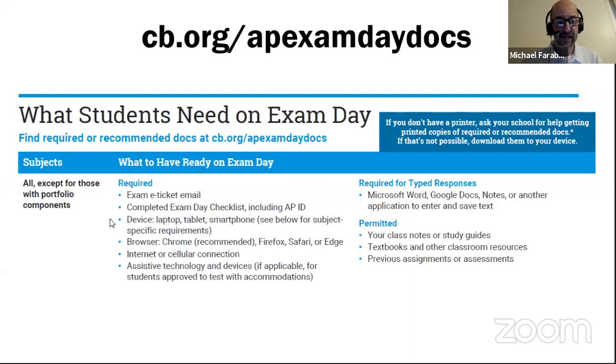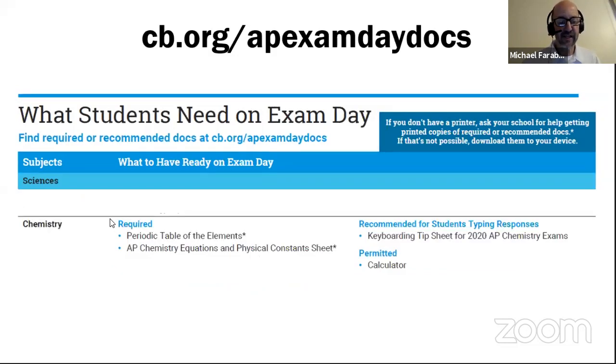So on exam day, there are a variety of things that you need besides your e-ticket. You'll need obviously your device and a particular browser. It says to recommend Chrome, Firefox, Safari, or Edge. Obviously a reliable internet connection or a cellular connection. And in terms of the specifics for AP Chemistry, you'll need the periodic table of the elements, and you'll need the equations and constant sheet.